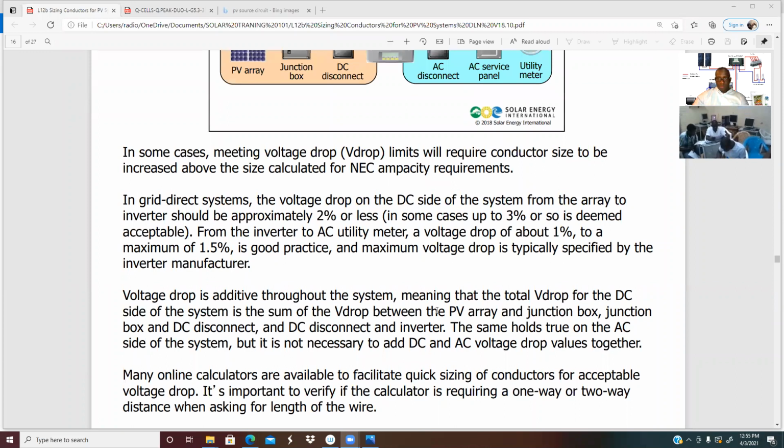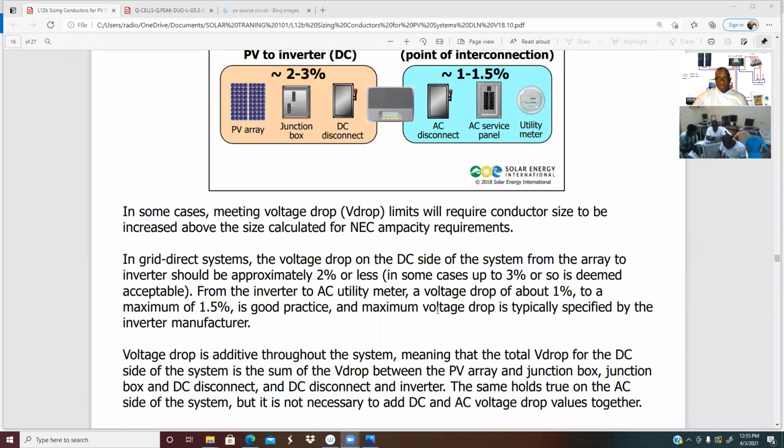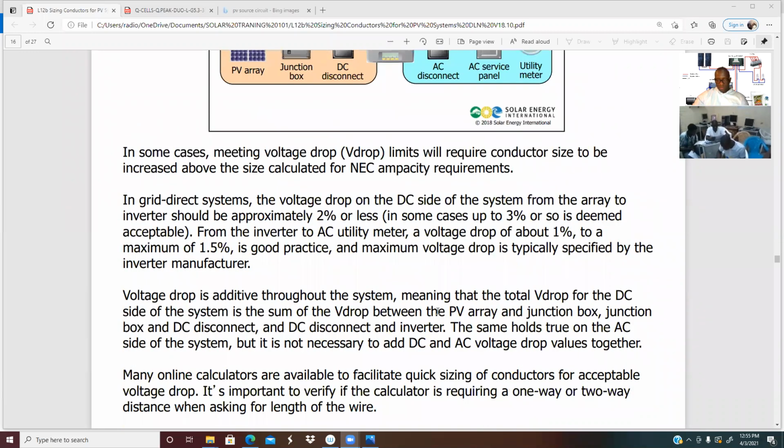In some cases, up to 3% is acceptable. From the inverter to the AC utility meter, a voltage drop of about 1% to a maximum of 1.5% is good practice. The maximum voltage drop is typically specified by the inverter manufacturer.